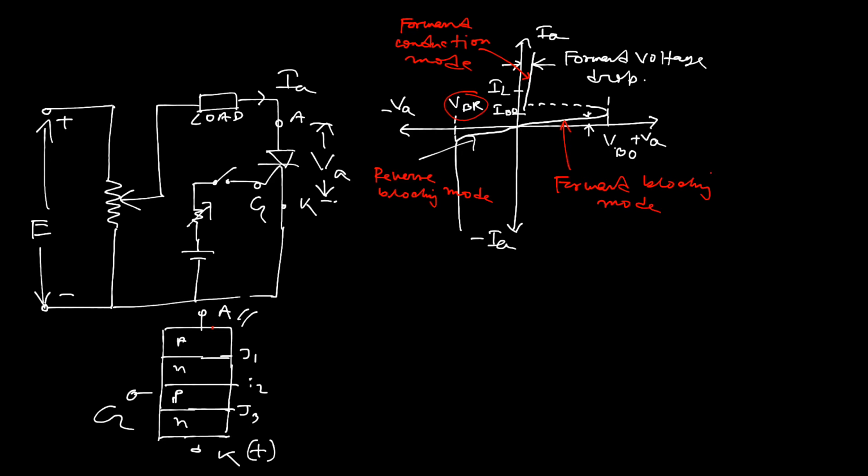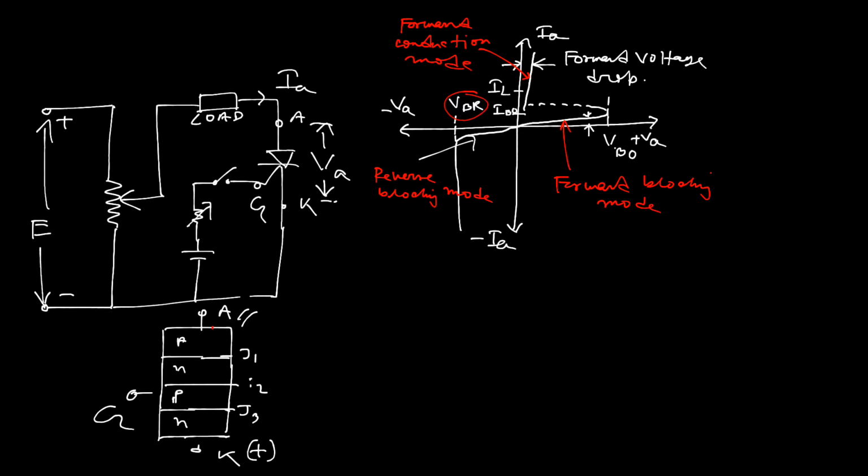That means the device is in the on state. Okay, that means IBO is not the exact amount of current for conduction. Up to this current we cannot say the device is in a working or conducting state. Once the device reaches a current above IL, then we can say the device is in the on state.